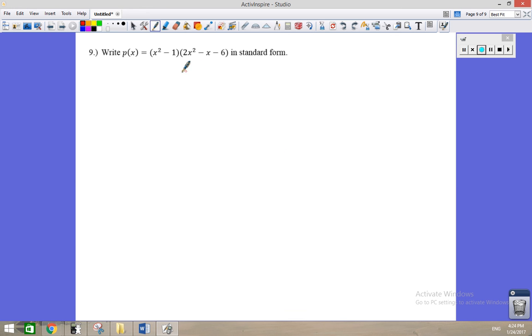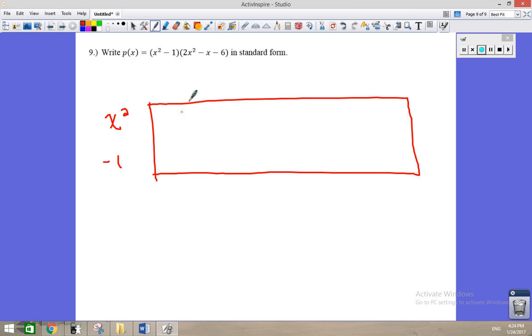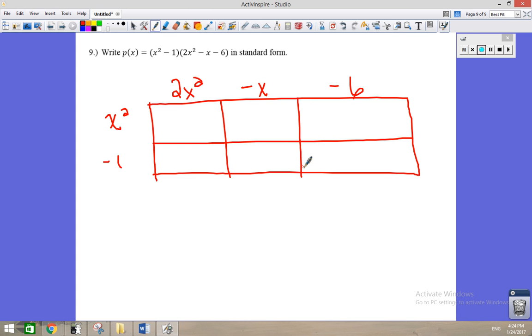Let's write this in standard form, so let's multiply it together. So let's make a table. X squared minus 1, and 2x squared minus x minus 6. If we multiply these, we get 2x to the 4th, negative x to the 3rd, negative 6x squared.